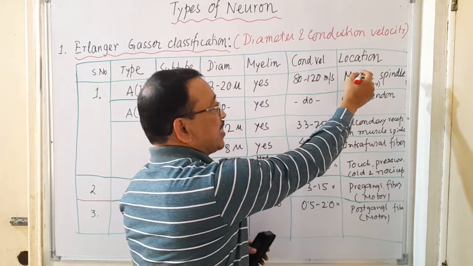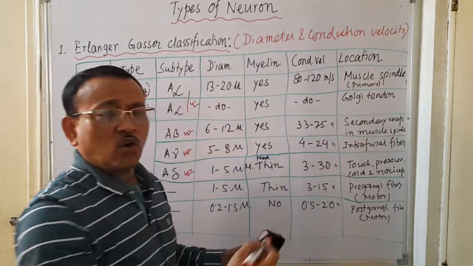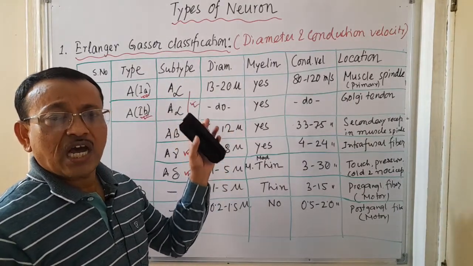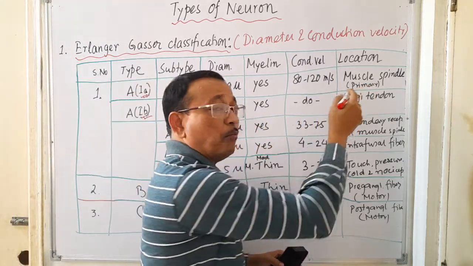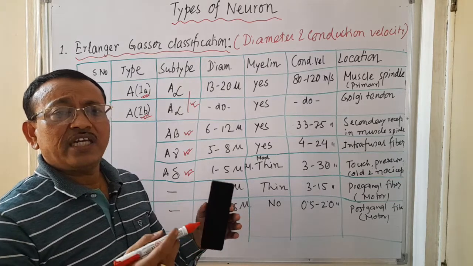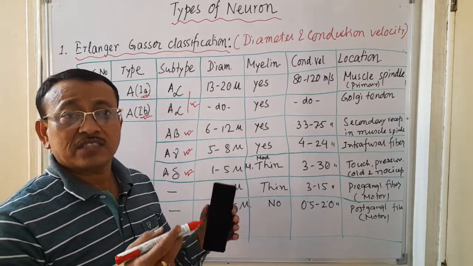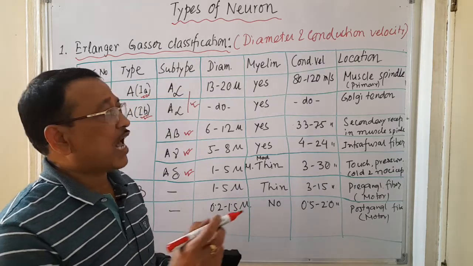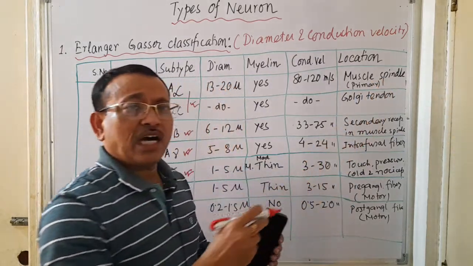And where is it present? These are present in the muscle spindle. As I told, this type of nerves or neurons are sensory neurons which are present in the muscle spindle, that is, the intrafusal fibers, the intrafusal type of skeletal muscle, which is known as the muscle spindle.